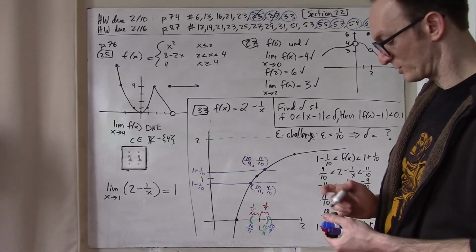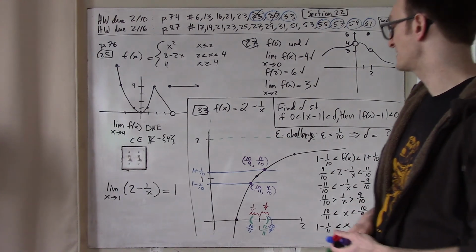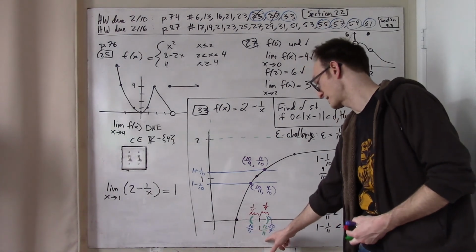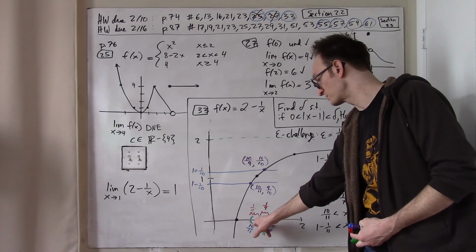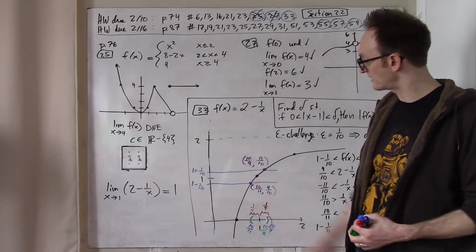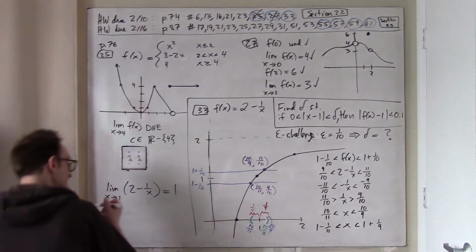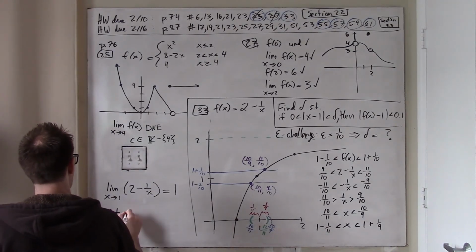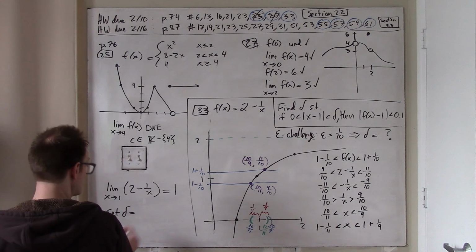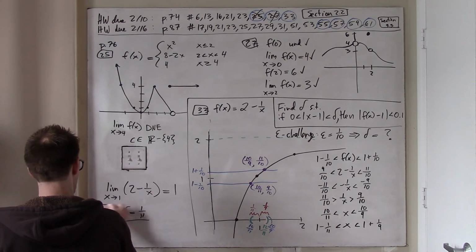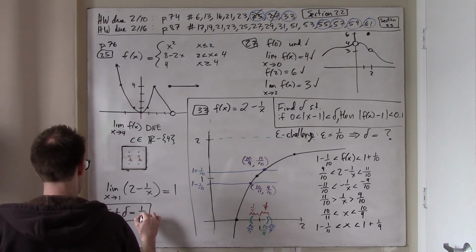And it certainly is true that if I stay between 10/11 and 12/11, all of those values, when plugged into the function, will land between the parallel lines. And therefore, the answer to this problem is set delta to be 1/11. That's really all you actually had to do.